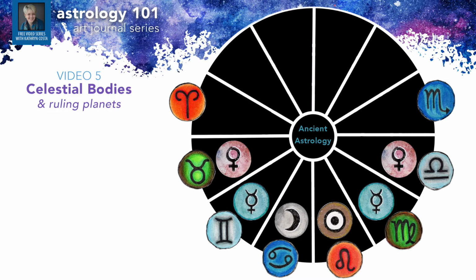The next two zodiac signs that we come to are Aries and Scorpio, two very strong and intense signs, one a fire and one a water sign. And so it will come as no surprise that the ruling planet for those two strong signs is Mars, the god of war, known as Ares in Greek mythology.